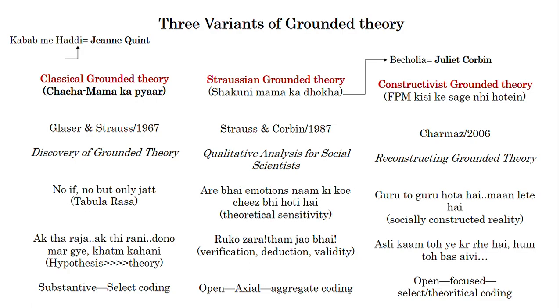So there is not just a transition in terms of the method, the way grounded theory is conducted in classical, Straussian and constructivist grounded theory, but also a transition in terms of the philosophical standpoints.